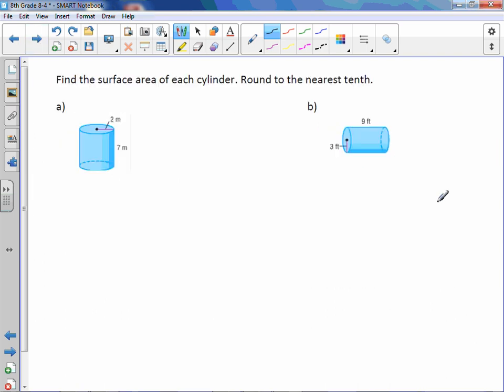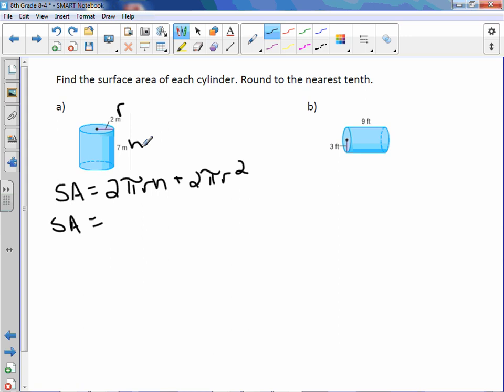So letter A, surface area equals 2 pi r h plus 2 pi r squared. I know the radius is 2 and the height is 7. So surface area equals 2 times pi times our radius of 2, our height of 7, plus 2 times pi times our radius of 2 squared.